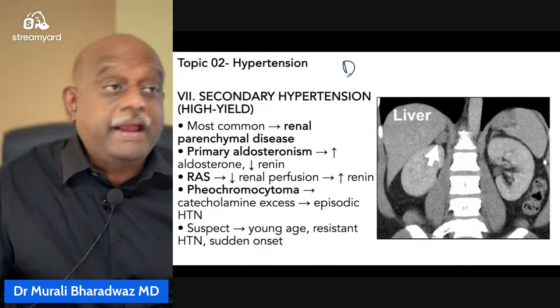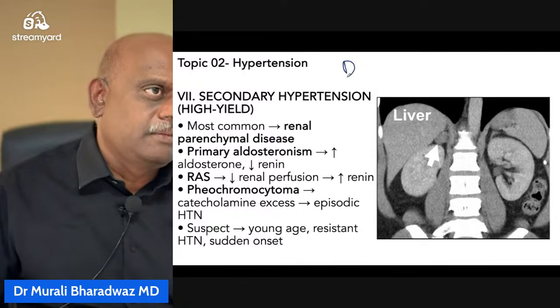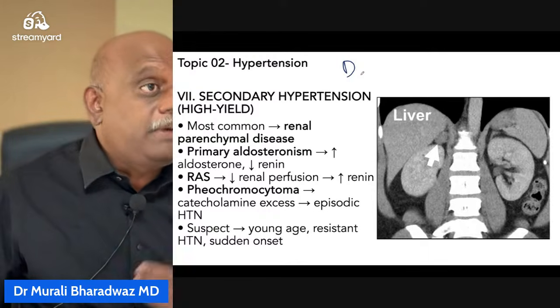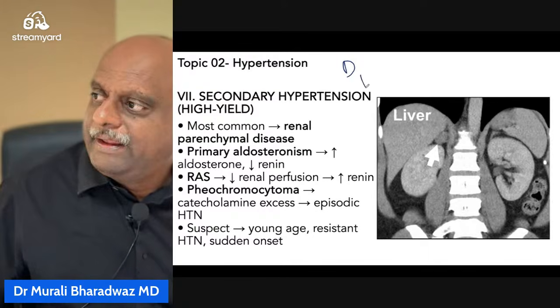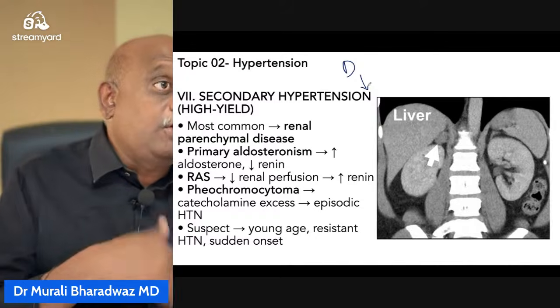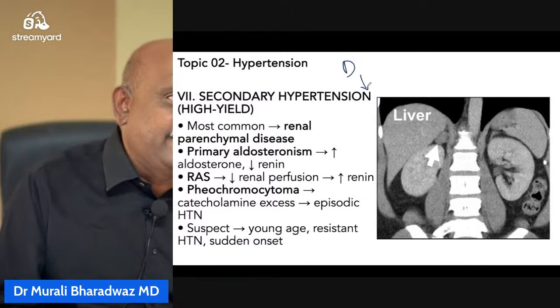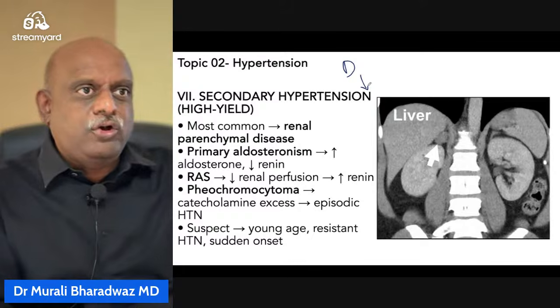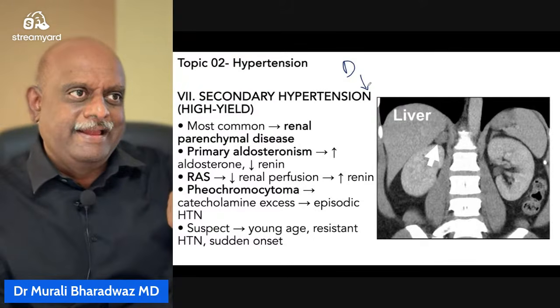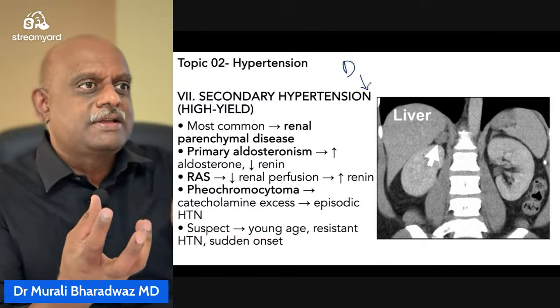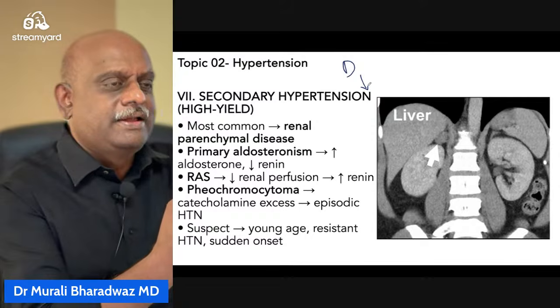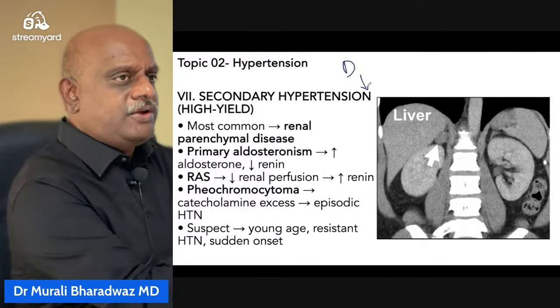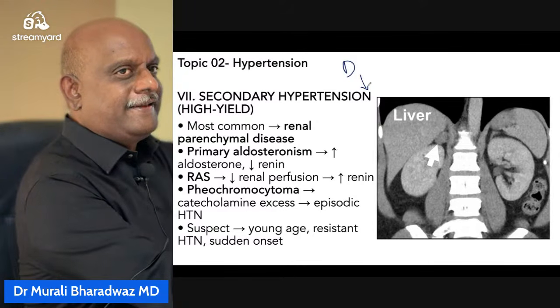Whenever you are dehydrated or blood loss is there, or you have vomitings, diarrhea, then what will happen? When you are dehydrated, there is decreased blood flow to the kidney, which stimulates the renin-angiotensin system, leading to increased renin, increased angiotensin, increased aldosterone.